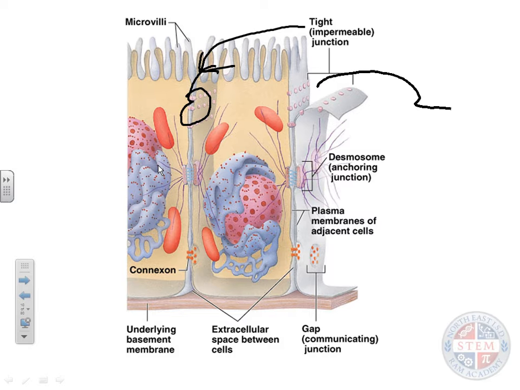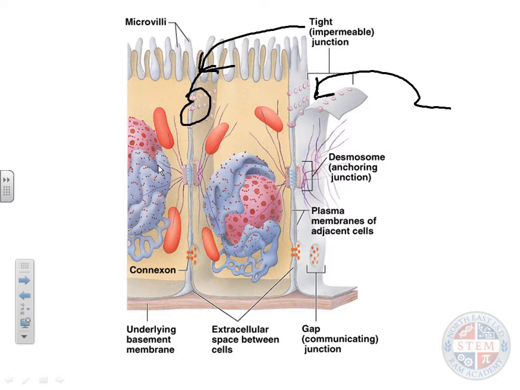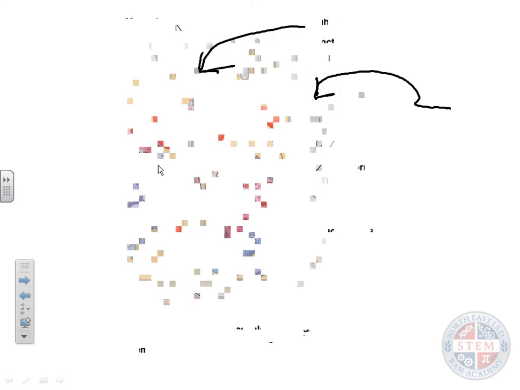You tend to find these types of impermeable tight junctions in the lining of the stomach or the lining of the intestines, where you want digestive particles to go through the cell and not between the cells. So you want all of the cell activity to go through the cell and not between the cells.